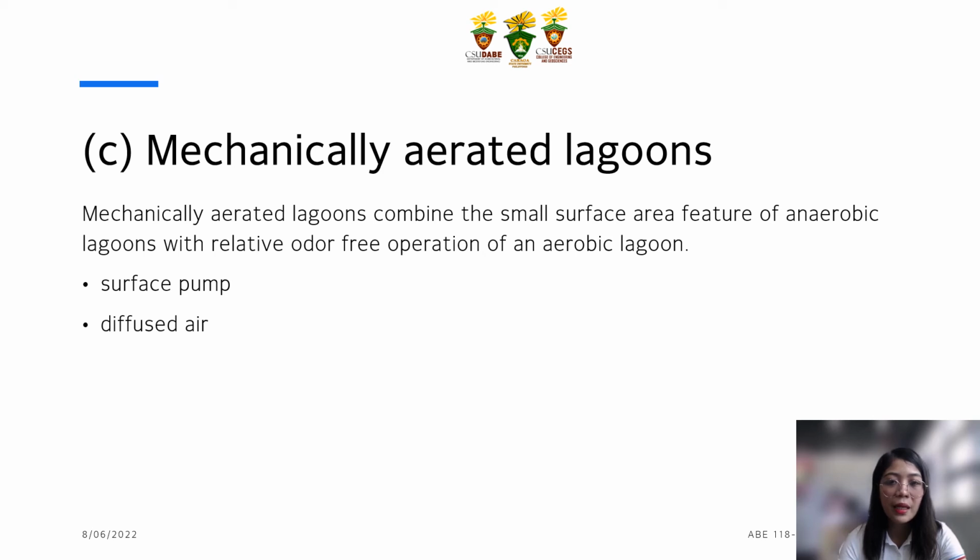So, the surface pump and the diffused air systems. So, the surface pump floats on the surface of the lagoon, lifting water into the air, thus assuring air-water mixture. So, the diffused air system pumps air through water, but it's generally less economical to operate than the surface pump.